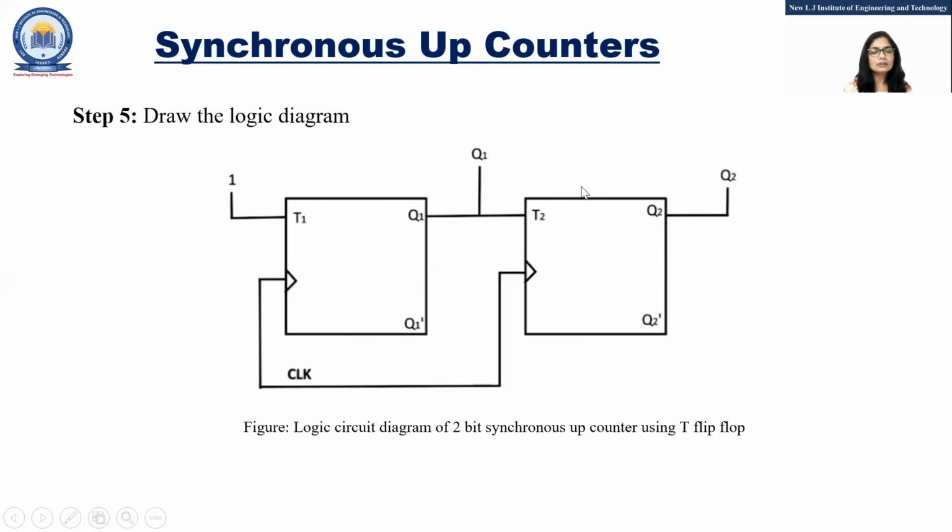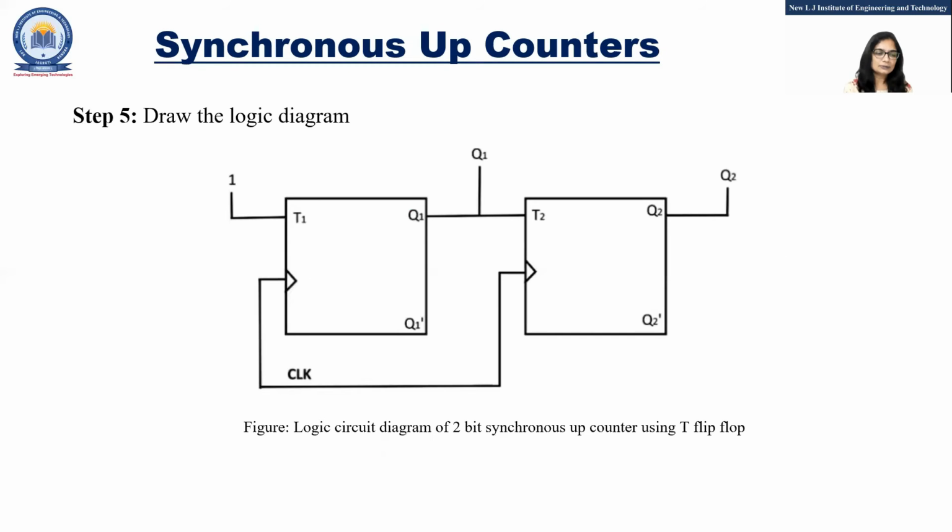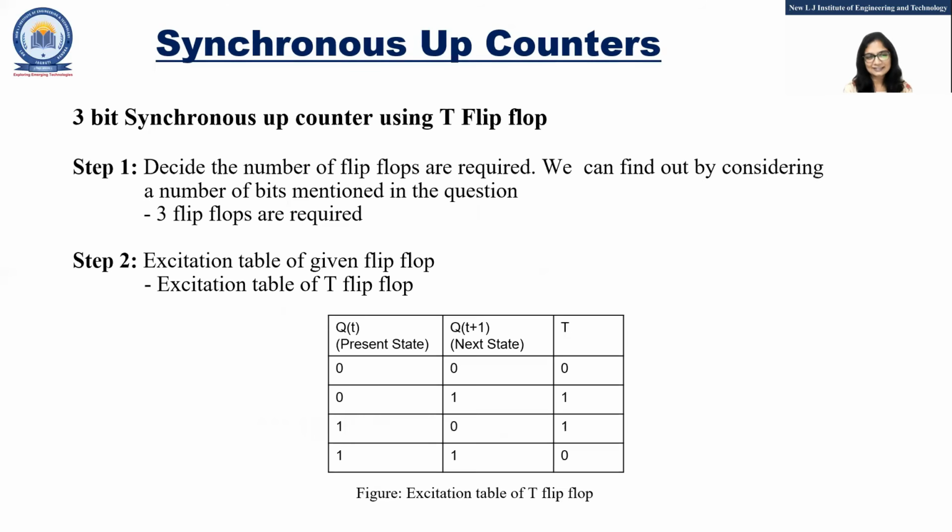So this is the logic circuit of a synchronous 2-bit up counter using T flip-flop. You can design it by D flip-flop as well as by using JK flip-flops. The steps will be the same. So this is the 2-bit synchronous up counter.